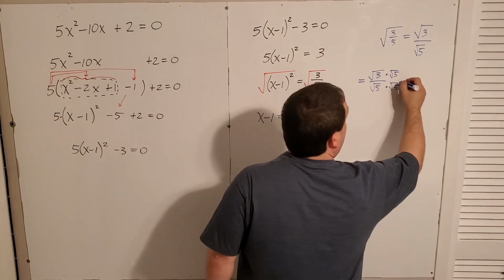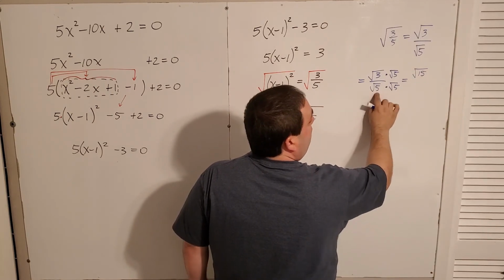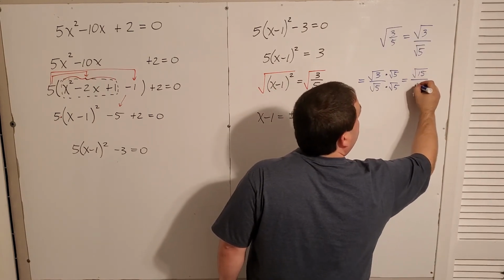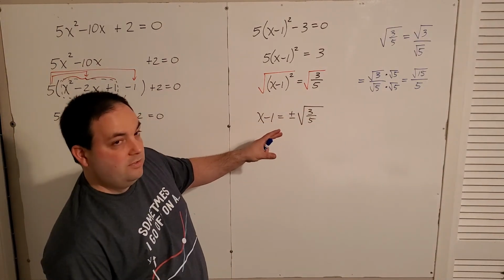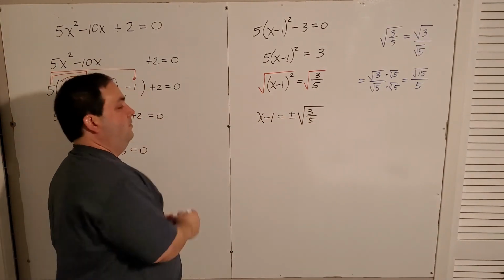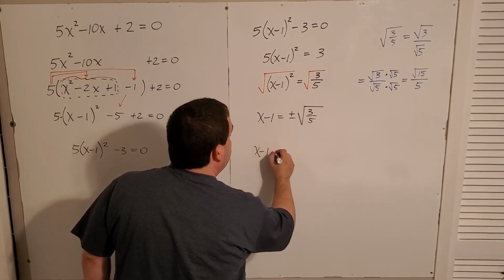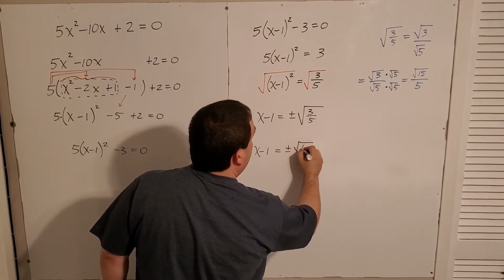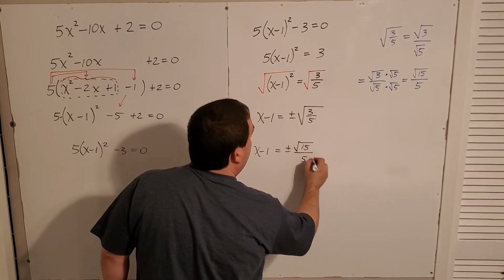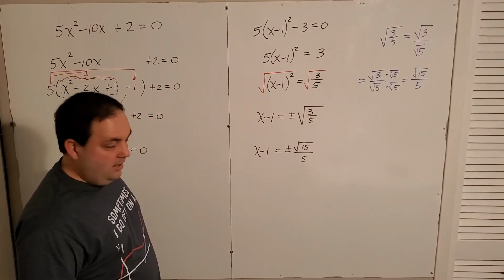So what do I end up with? Square root of 15 over square root of 25, which is just 5. So that's what I want to bring over here to this one. So what I have is x minus 1 is equal to plus or minus square root of 15 over 5. And that's so that I can write with common denominators more easily and things like that.